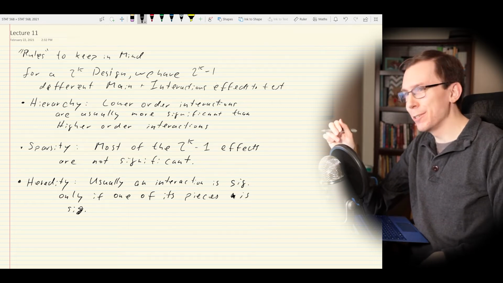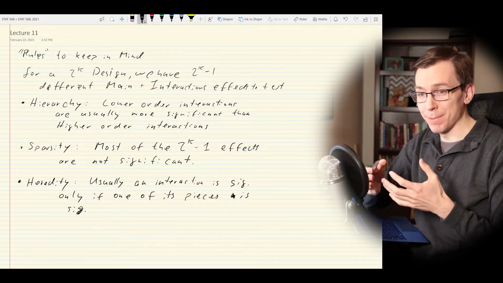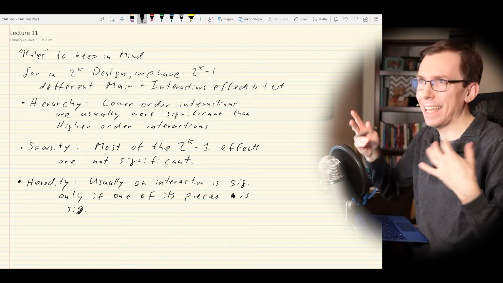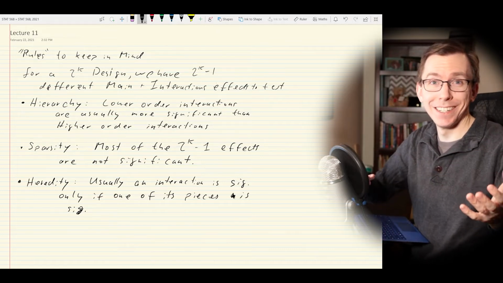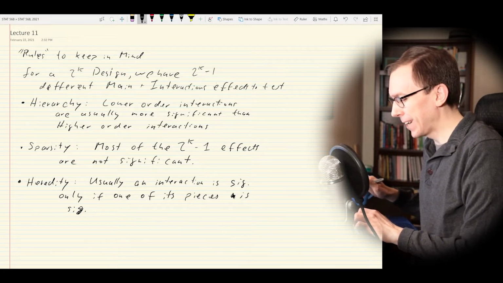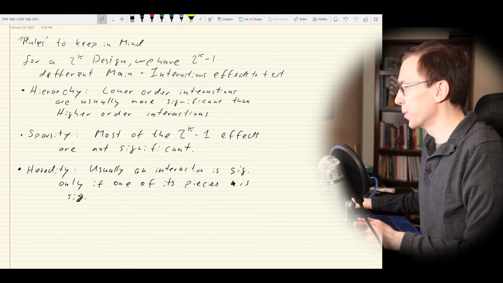But again, typically you wouldn't have two things that are just null, not interesting at all, but then when you put them together, suddenly it's a significant effect. So again, it can happen. It probably won't, but it could. So always be on the lookout and stay on your toes when you're analyzing data. Anyway, those are just some rules to be aware of.